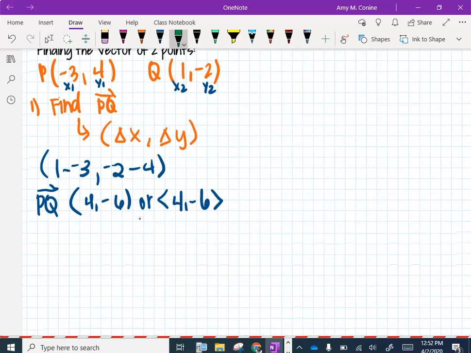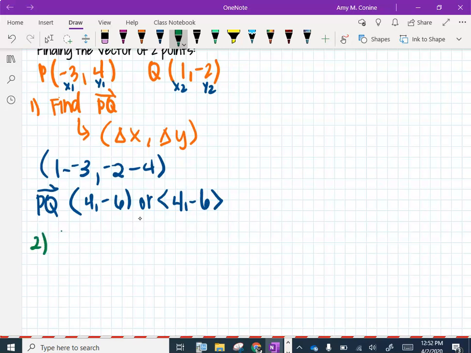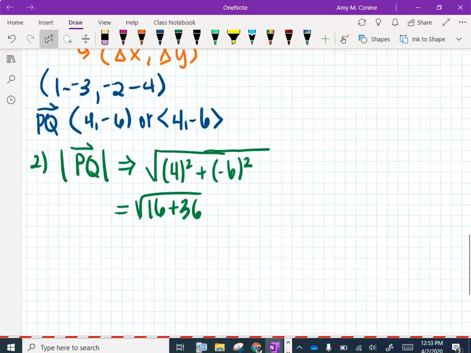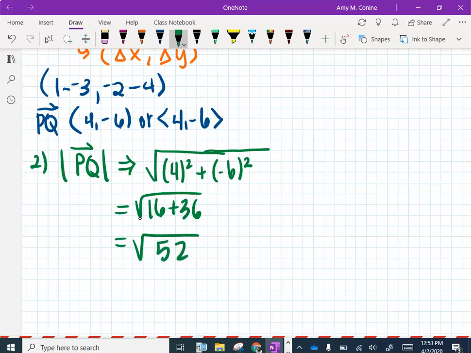So now let's say I wanted to find the magnitude of PQ. Okay, so magnitude of PQ, I'm going to take the square root of my change in x's squared plus the square of my change in y's. So this is 16 plus 36, which is the square root of 52.